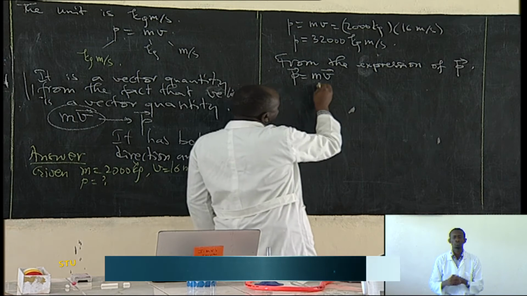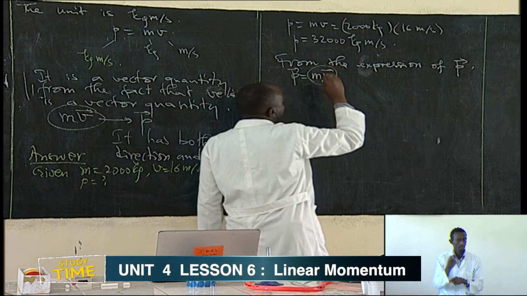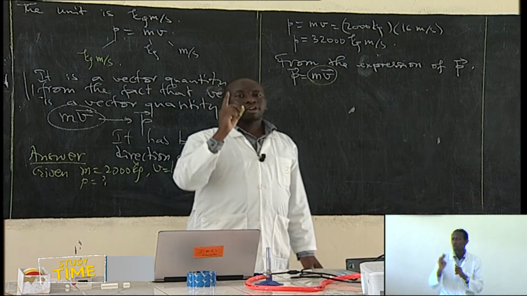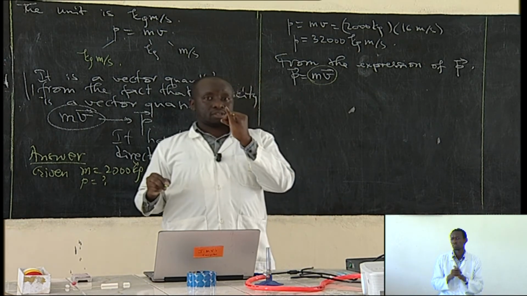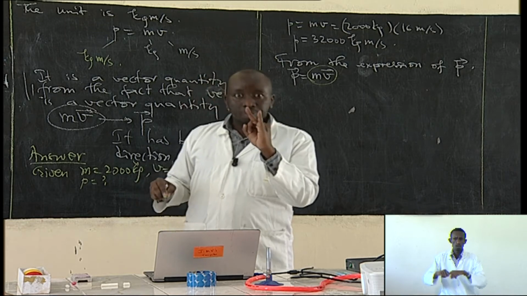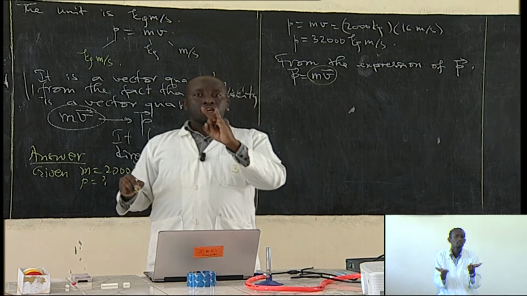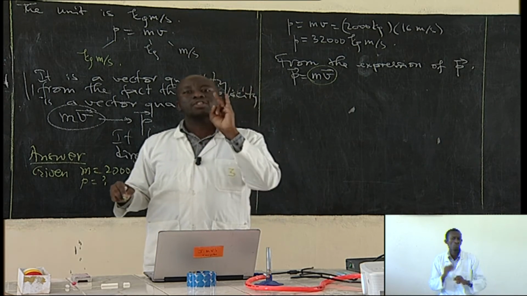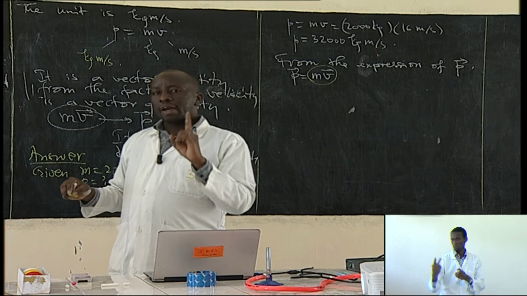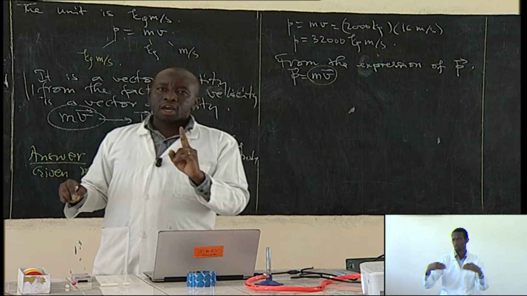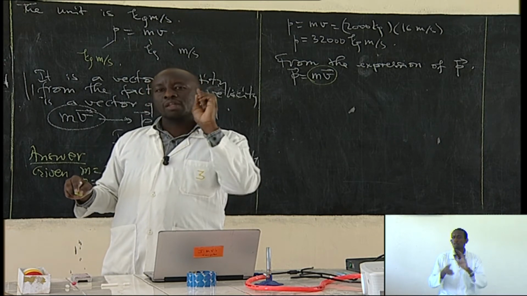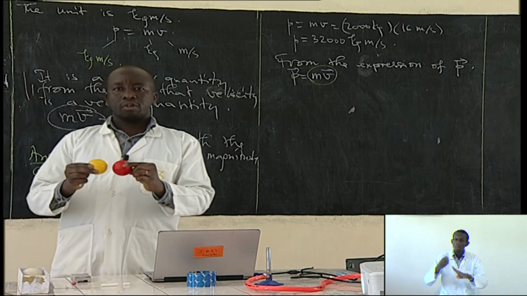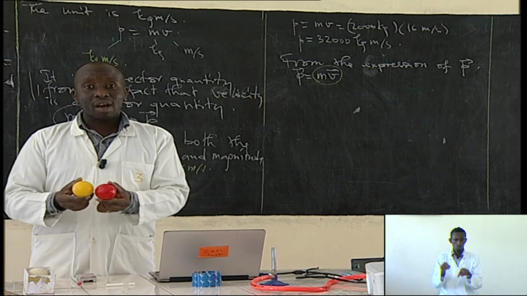If we try to understand what we have here, we find out that the momentum depends on the mass of the object and the speed of that object, which means that if you have two objects having the same mass, the one that has a high linear momentum is the one with the high speed. I have the balls here, they are the same mass.